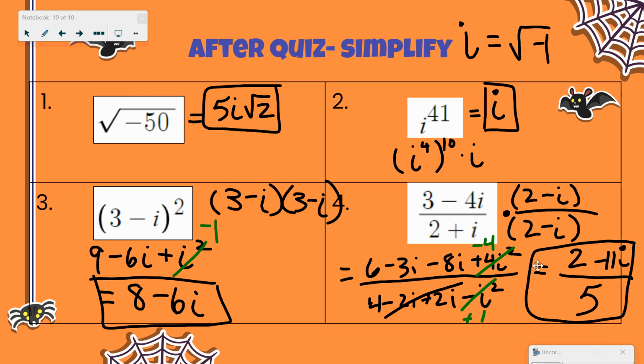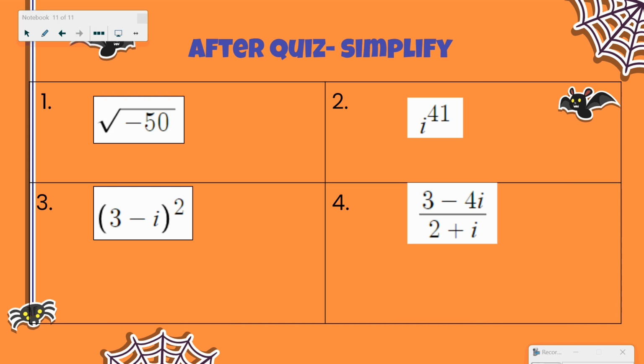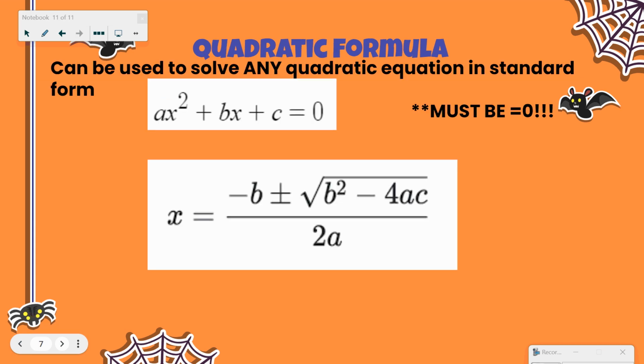Who has heard of that quadratic formula before? I love it. Good job. So our quadratic formula we can use to solve any quadratic equation in standard form. So how can I recognize that this is in standard form? What do you see? We've talked about standard form before, and what are some things you're noticing? What should it look like?